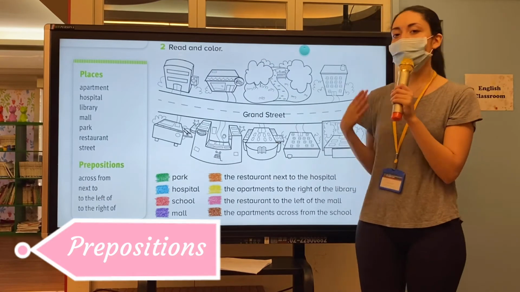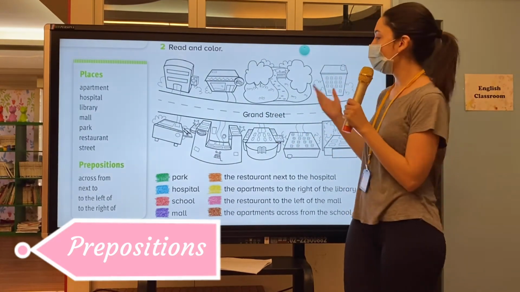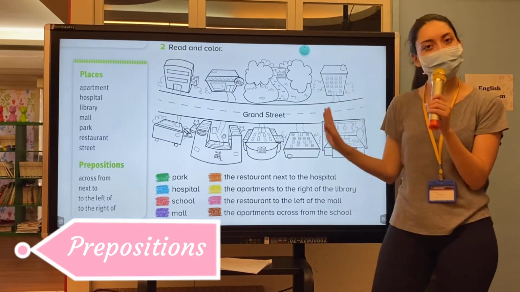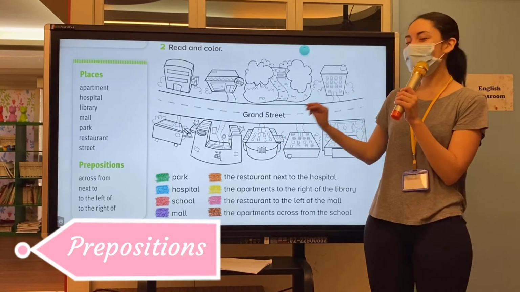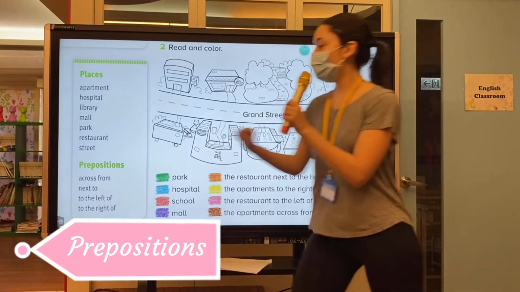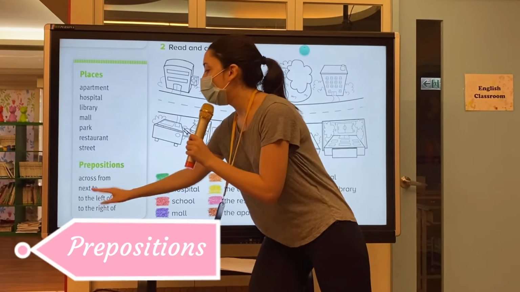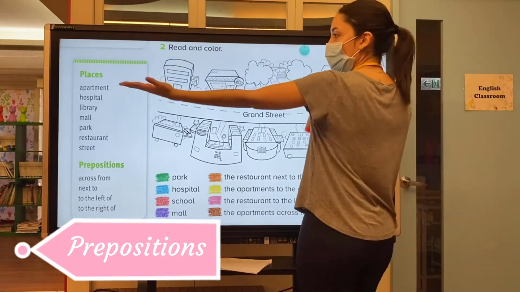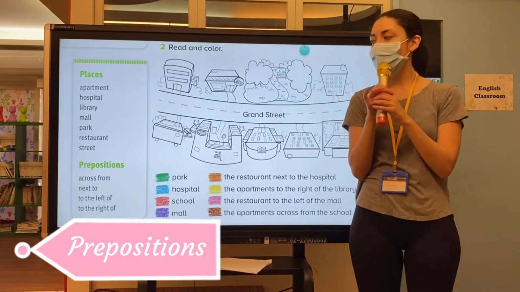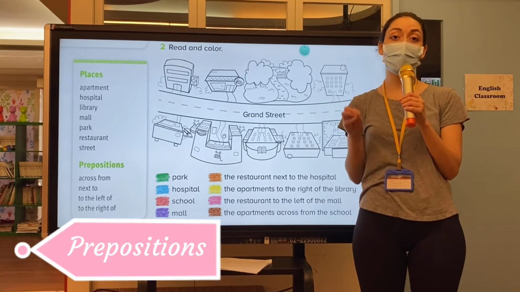Next to. Next to means that it is here or maybe here, right? So this is the supermarket, and let's say that this is my house. So we say my house is next to the supermarket. To the left of, to this side. To the right of, to this side, okay? So it helps me to locate the place that I'm talking about.